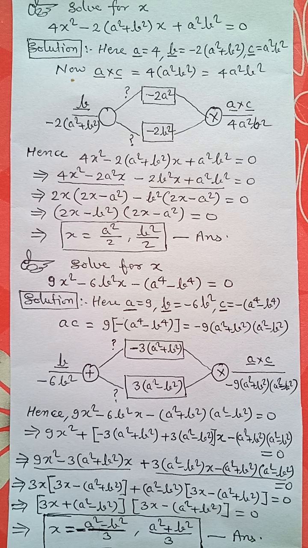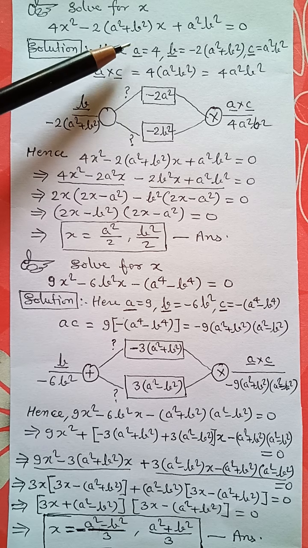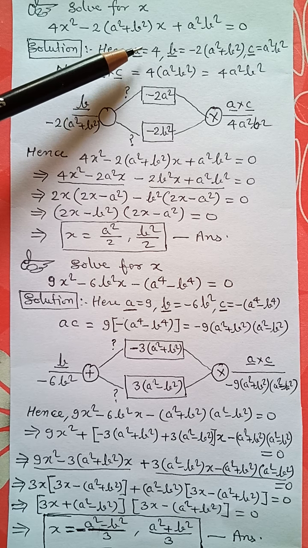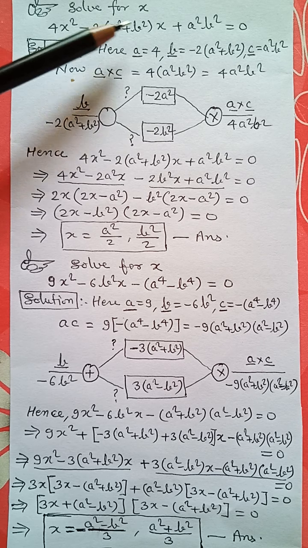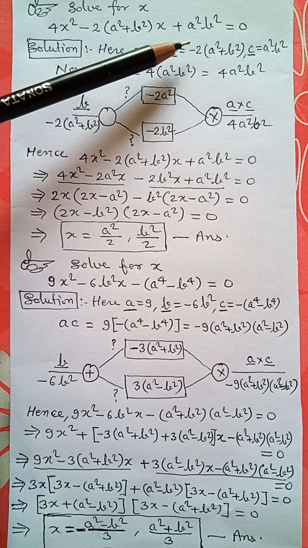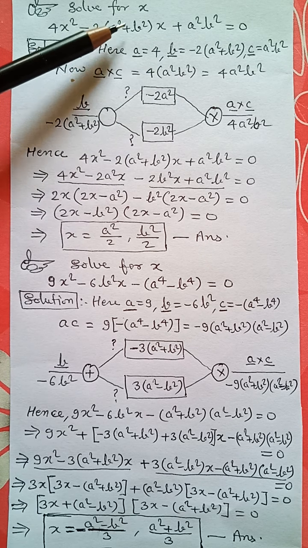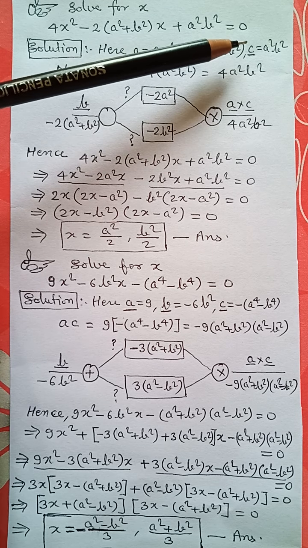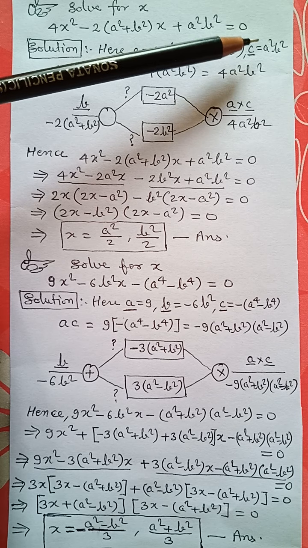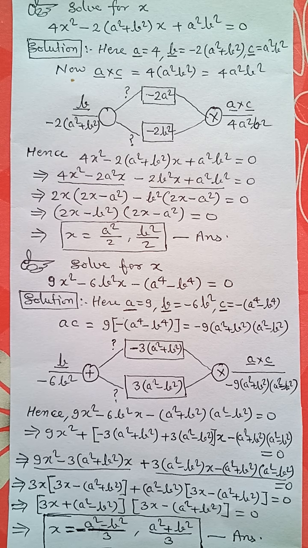Here, if we compare this equation with the standard form, the coefficient of x², that is a underscore, is 4, and the coefficient of x, that is b underscore, is −2(a² + b²), and the constant term, that is c underscore, is a²b².